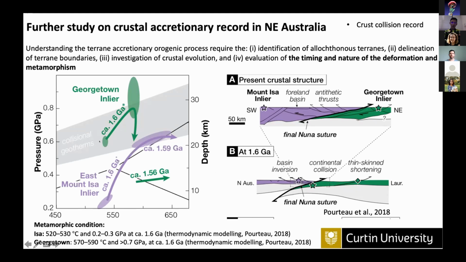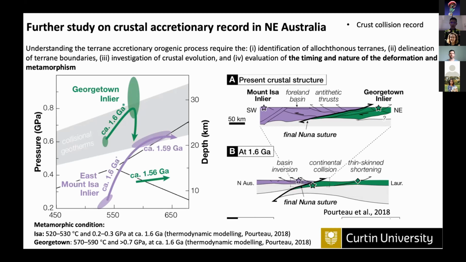You can see the P-T path was a collisional type P-T path, but the Georgetown inlier, in green, represents higher pressure than Mount Isa. So we put the Georgetown inlier in the lower plate.